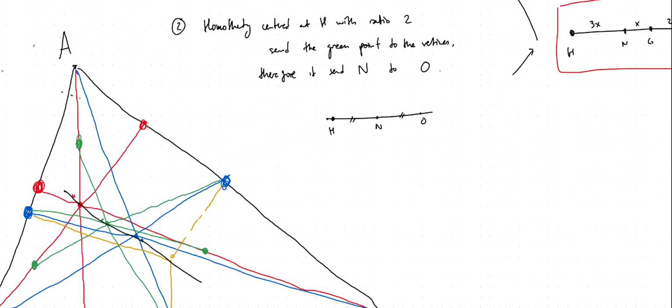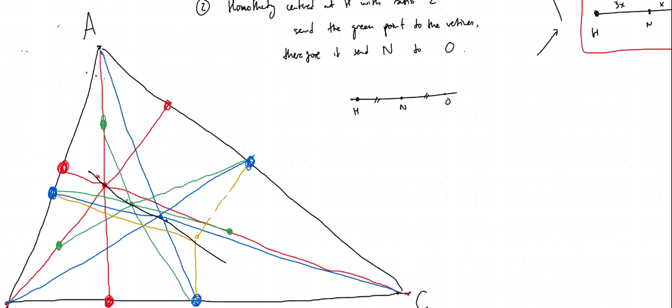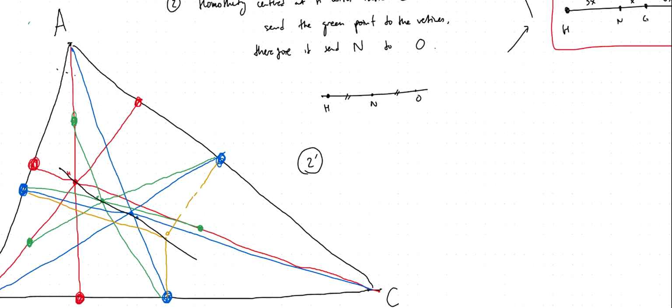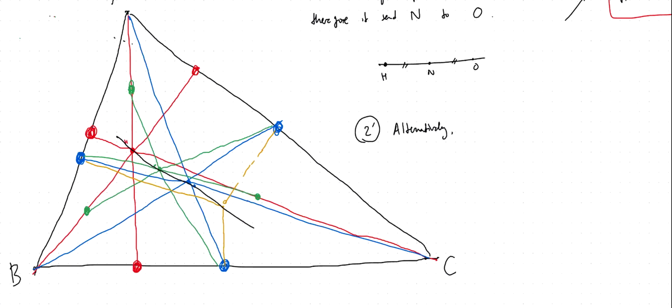Alternative proof with another homothety. Let's call this 2 prime. Alternatively, do homothety from G. Consider homothety with ratio -2. So it will reflect and multiply by 2. Then the blue points go to the vertices.